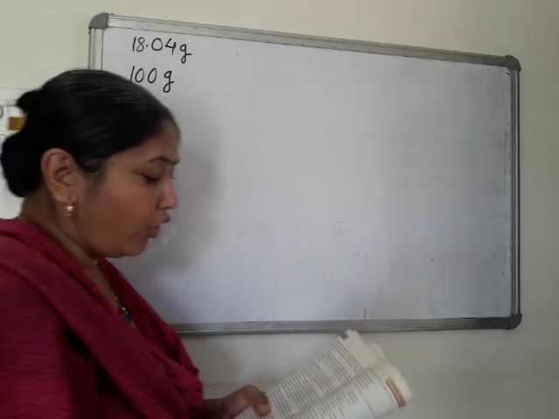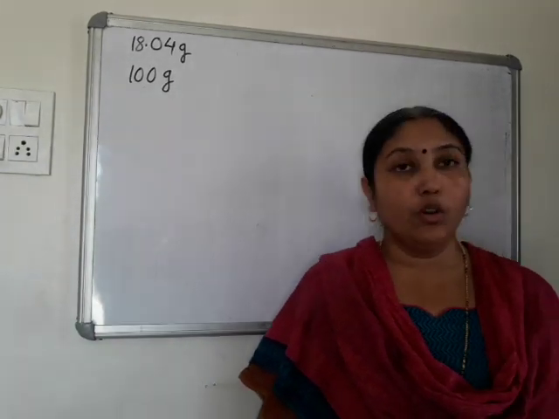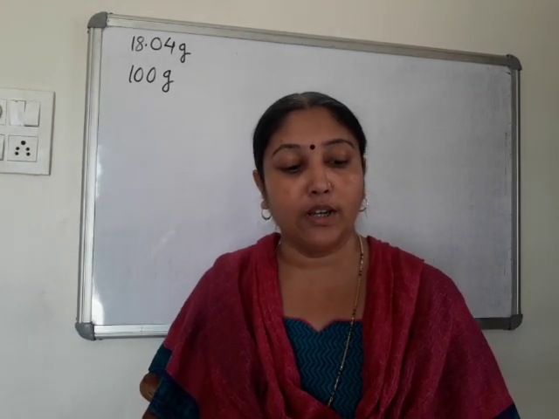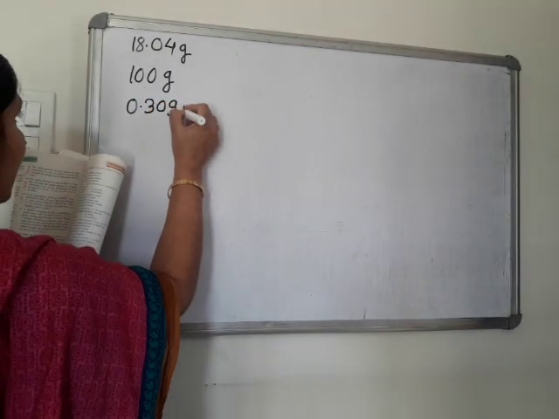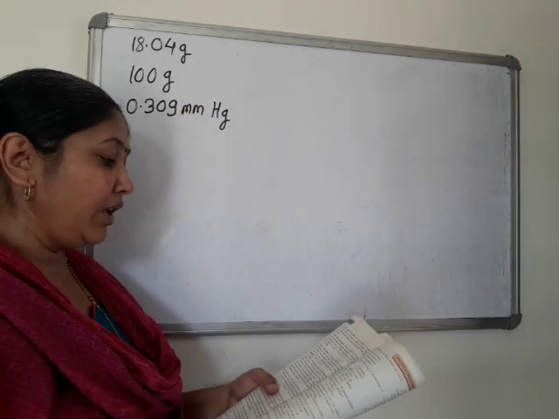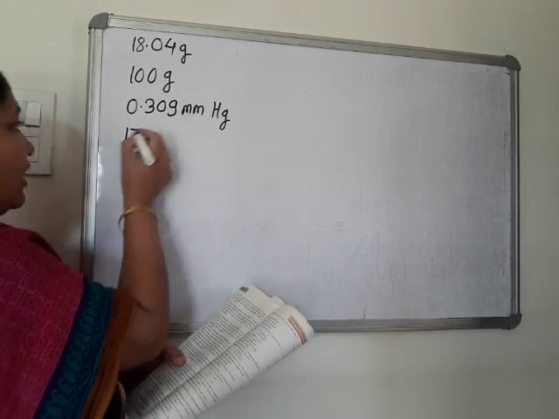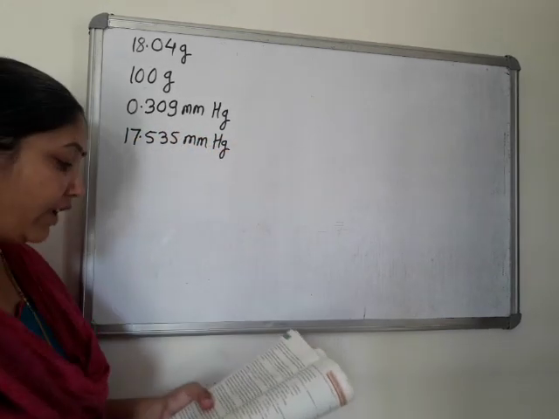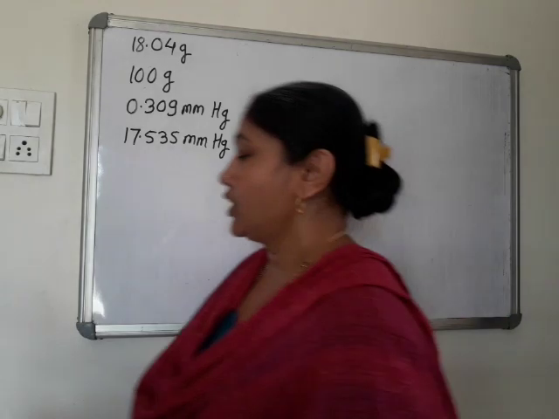Vapor pressure of water was lowered by 0.309 mmHg from 17.535 mmHg. Calculate molar mass of solute.